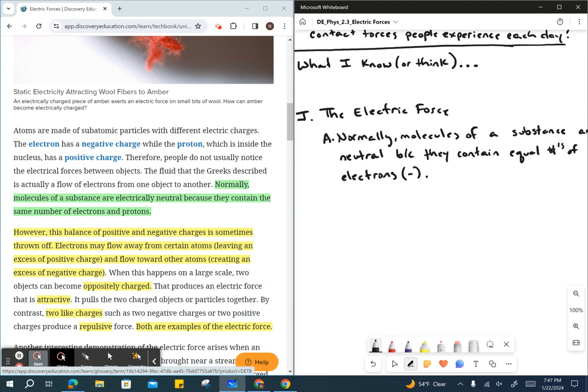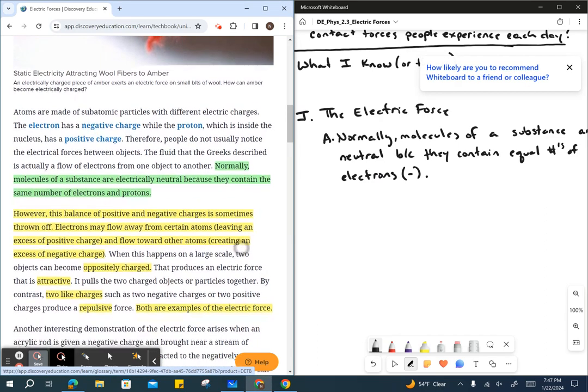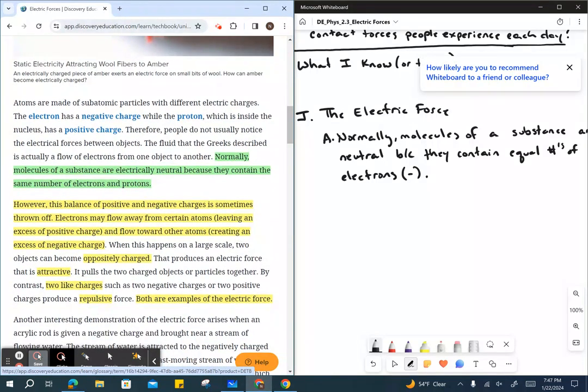Now, when this happens on a large scale, two objects can become oppositely charged, and that'll produce an attractive force. And conversely, we're just kind of reading down this paragraph. Now, when you have two like charges, you get a repulsive force. Either one is an example of an electric force.